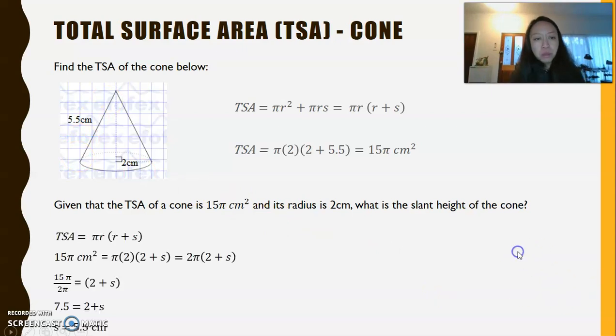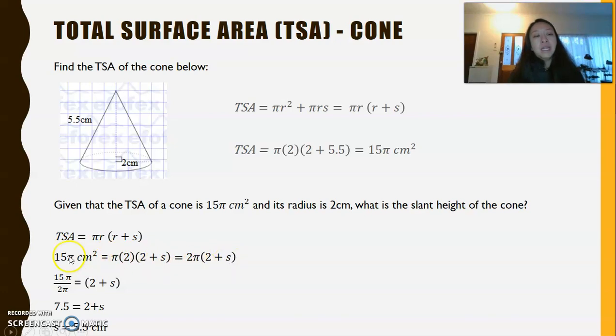We know that TSA equals pi r (r plus s). So this is what I did: I just copied the formula here. So the total surface area, 15 pi centimeters squared, equals pi times the radius 2, bracket, 2, which is my radius again, plus s. If I simplify this, it's 2 pi (2 plus s).